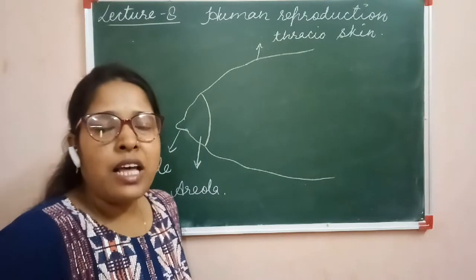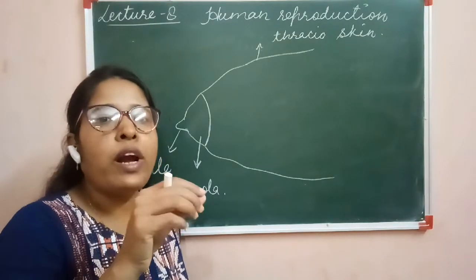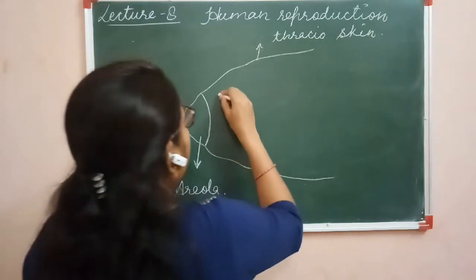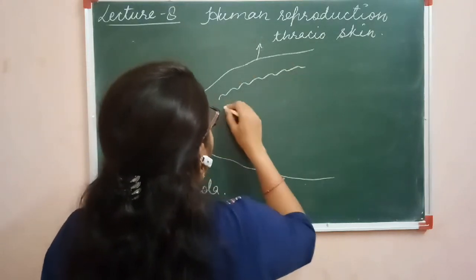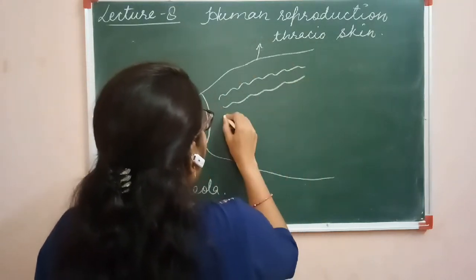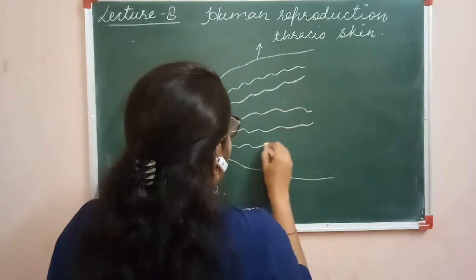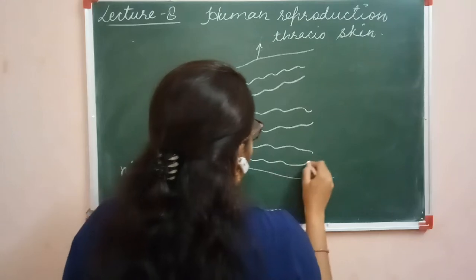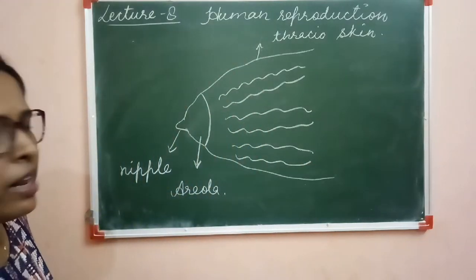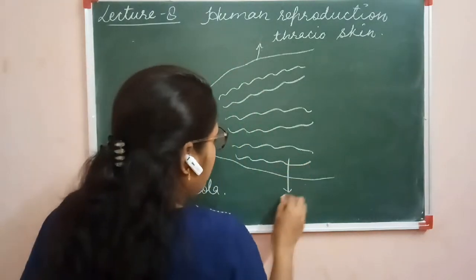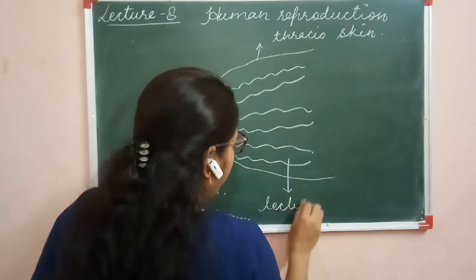The mammary glands have about 20 to 25 lactiferous ducts. These are the lactiferous ducts present inside the mammary glands.